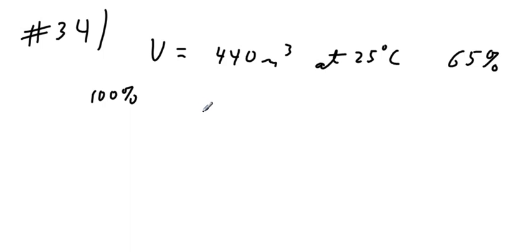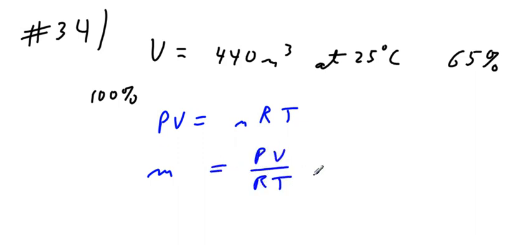Okay, well, we know that PV is equal to nRT. And so n, the number of moles, is going to be PV divided by RT, picking the right gas constant.